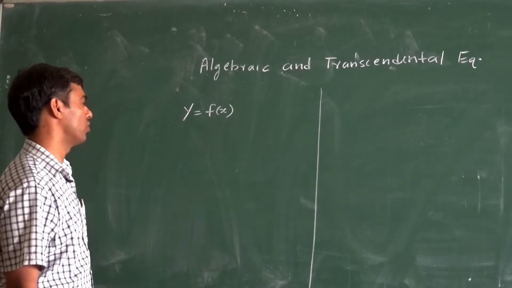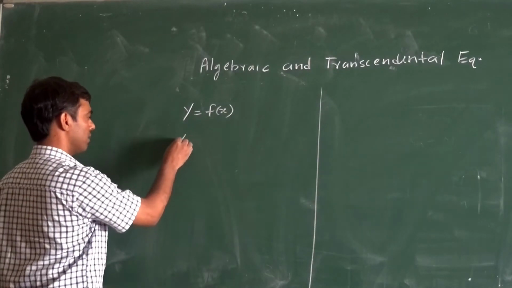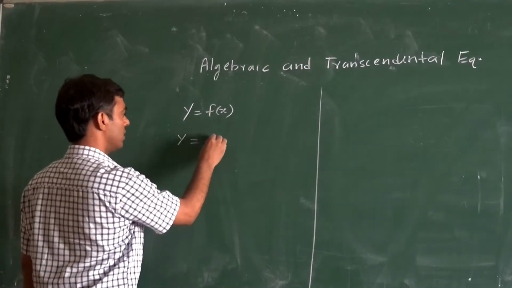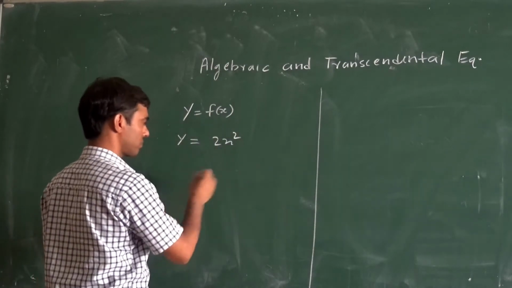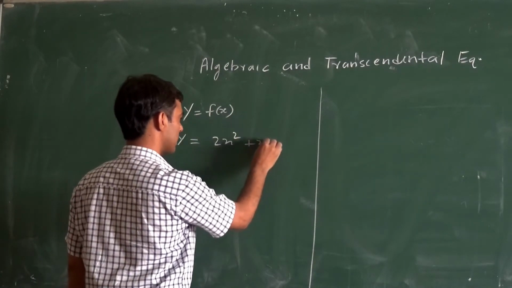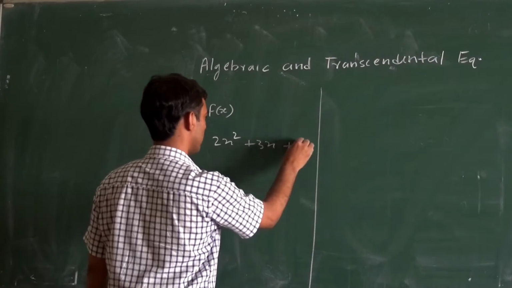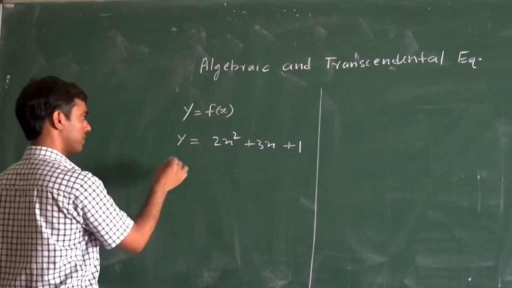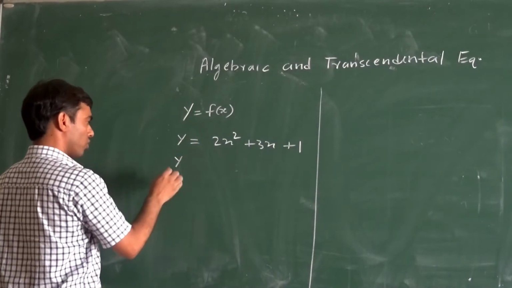the form of a polynomial. For example, if we write y = 2x² + 3x + 1, then what is the polynomial?